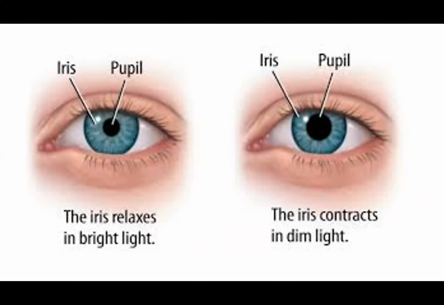Now, this is what we study, the iris. This portion is called the iris, the bluish, greenish-bluish part. This region is called the pupil. The iris relaxes in bright light. When light is more, this portion expands, and the black portion in the eye will contract.